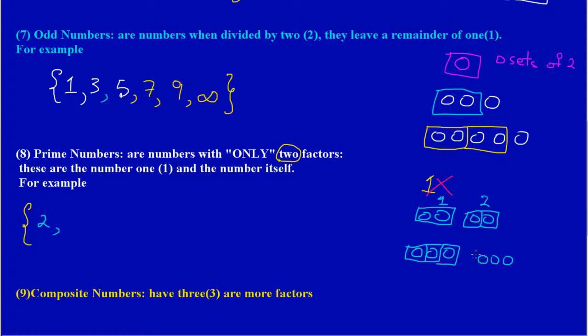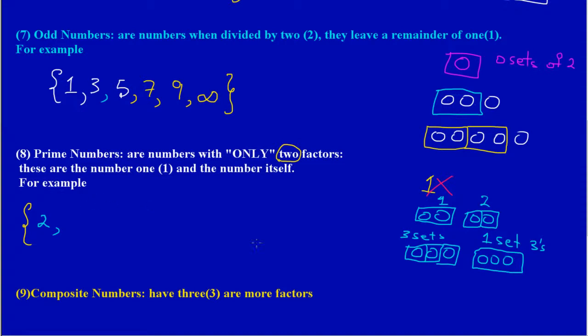So let's see how many sets of 3's we can get out of 3. 1, 2, 3. So we can get 1 set of 3's out of 3. Here we got 3 sets of 1's, and here I am getting 1 set of 3's out of 3.